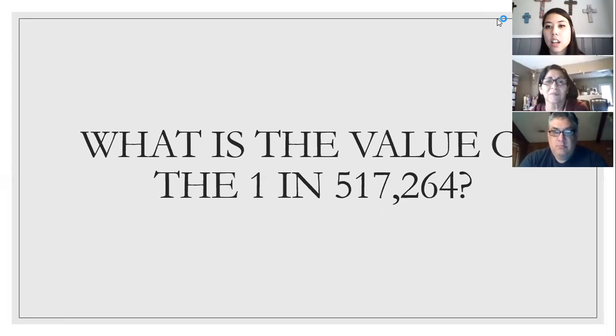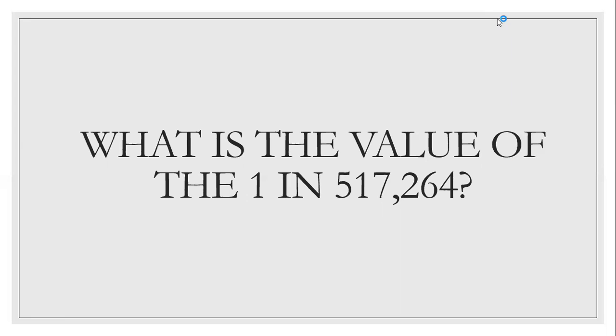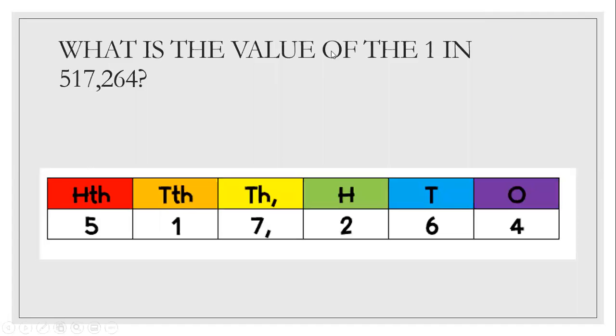It says, what is the value of the 1 in the number 517,264? Okay, so it's asking for the value. So if I'm looking at this, the first thing you should do is always make a place value chart. That's what you always do. So here's my place value chart, and I see that there is the number down there.